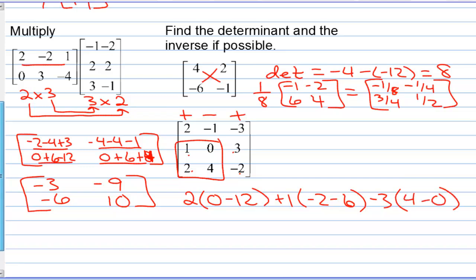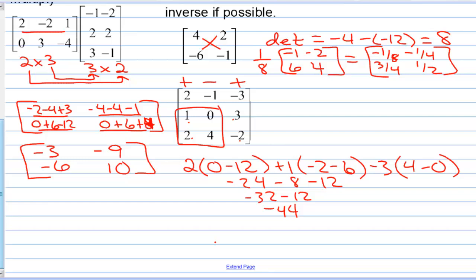We have negative 24 minus 8 minus 12. Negative 32 minus 12, negative 44, that's the determinant. If you want to find the inverse on your calculator, you hit A inverse.